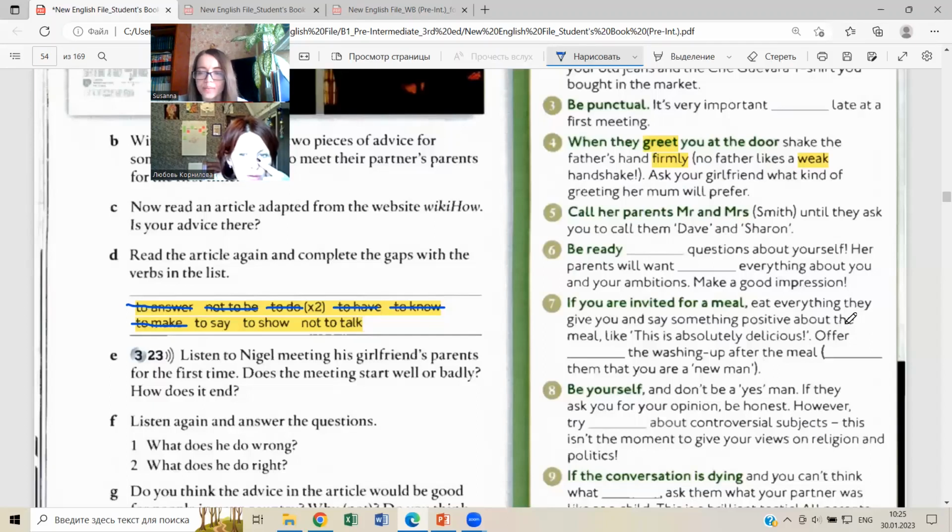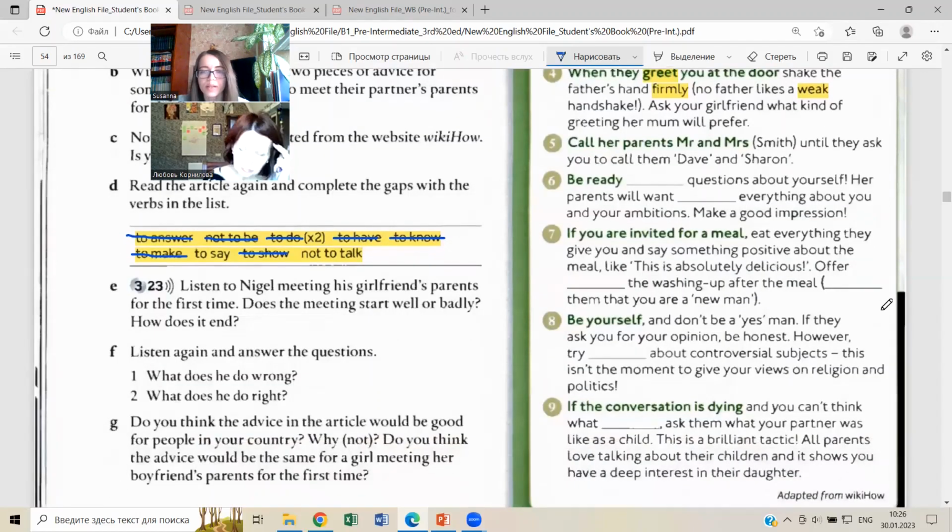Which suits better? To say, to show, not to talk. Ну, это to show. Yes, of course, to show. Okay. So next tip is number 8.